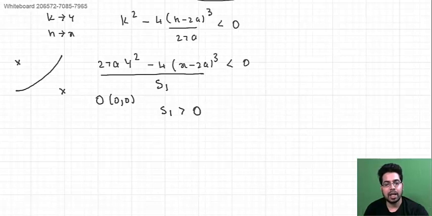And now if I put any point for which S1 is turning out to be negative, can I state that these 2 points are lying on either side of the curve?